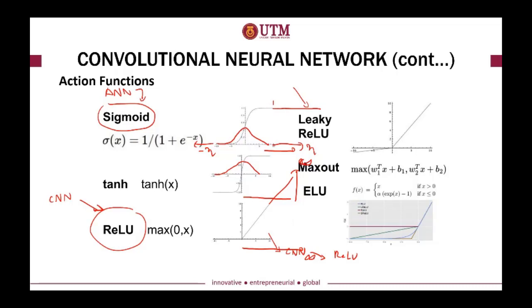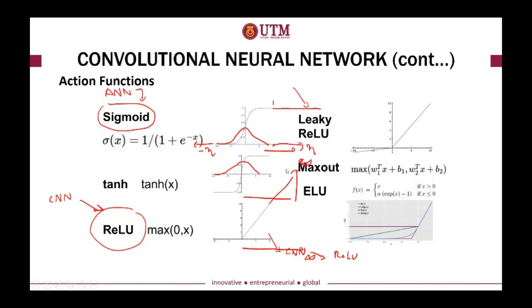So batch normalization is very crucial in CNN because it's related to ReLU, which is very common in CNN.